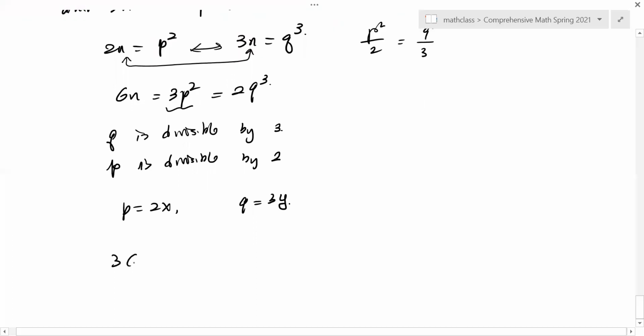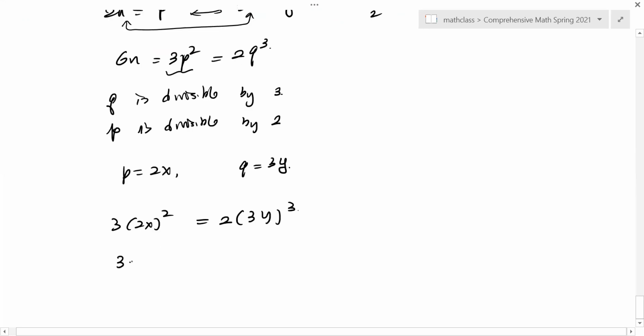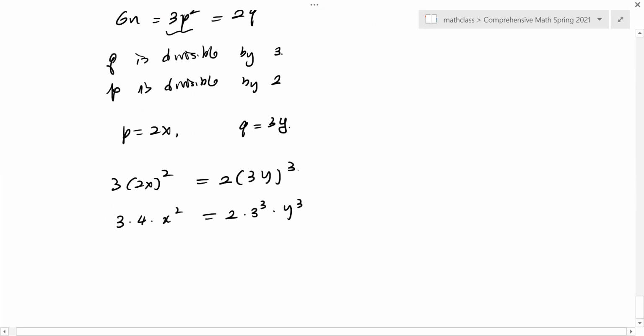So 3 times (2x) squared and 2 times (3y) cubed. Let's simplify it. Here's a 3 and here's a 4x squared, and here's 2 and the 3 cubed y cubed. So I got 2x squared equals 9y cubed.